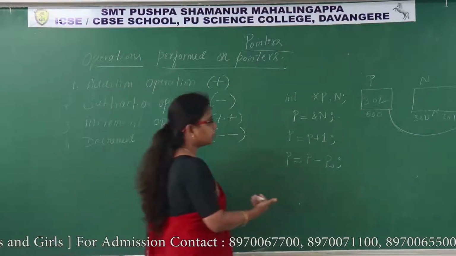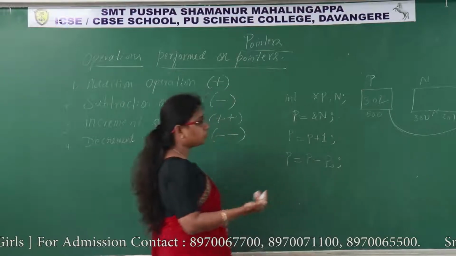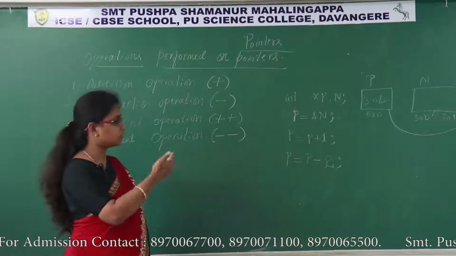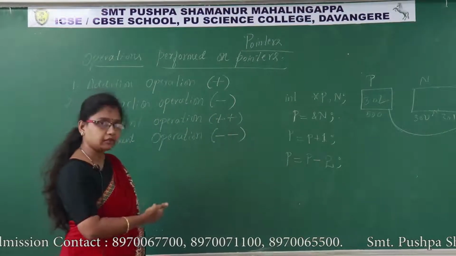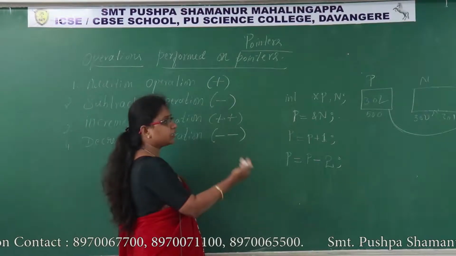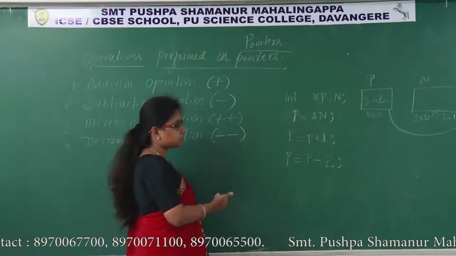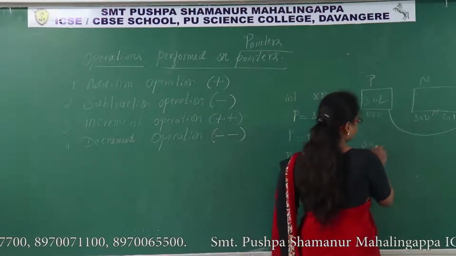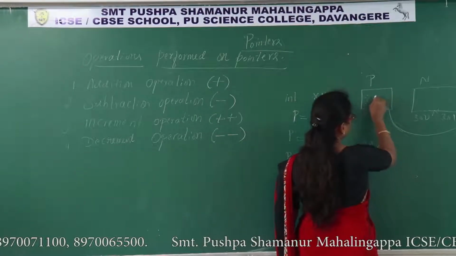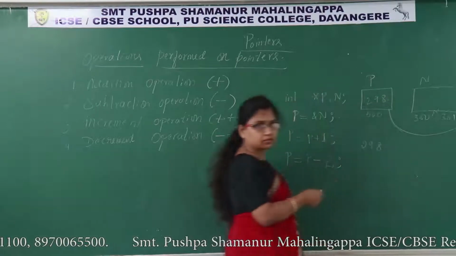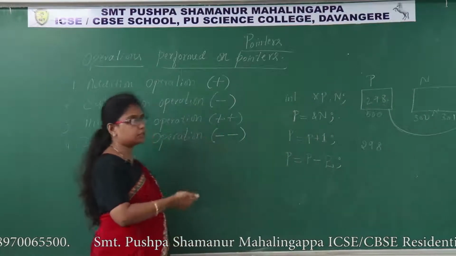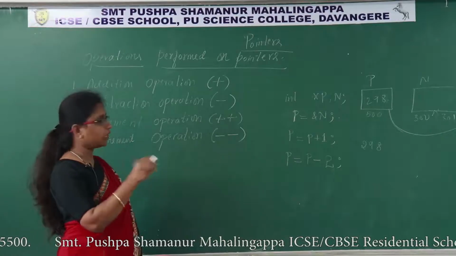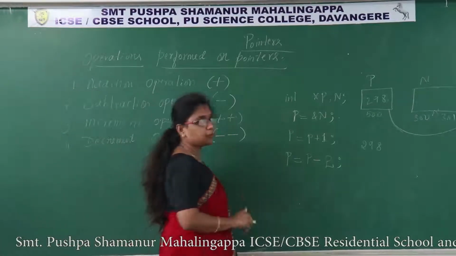One time decrement is 2 bytes. From 302 it moves backward to 300. Again from 300, it decrements by 2 bytes, that is 298. 298 will be stored in p. Some memory has the address 298, and that memory location is pointed to by the pointer.